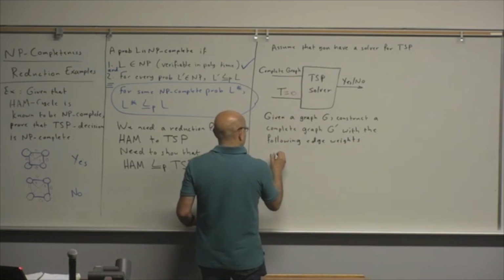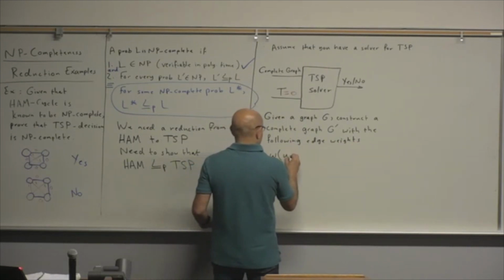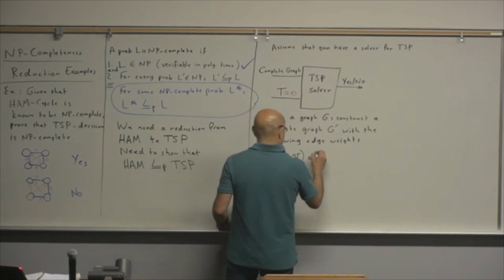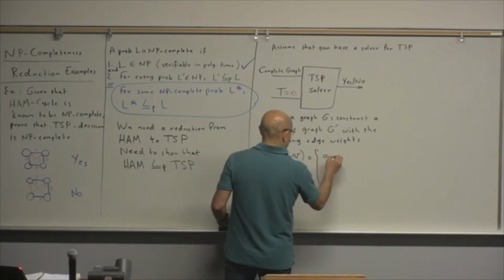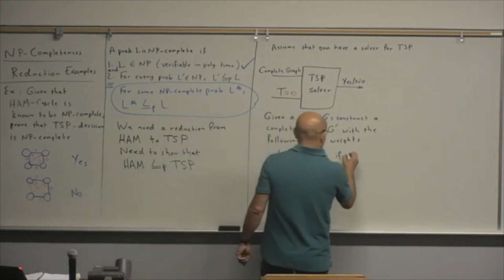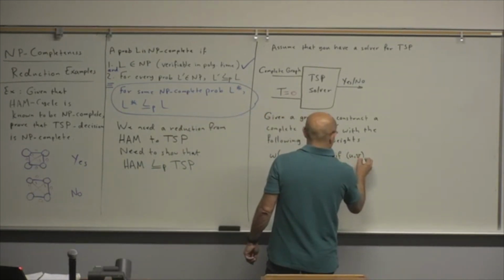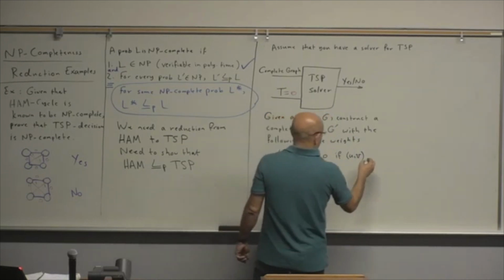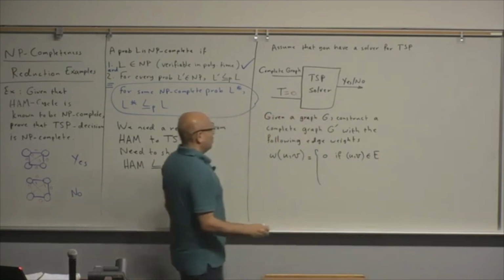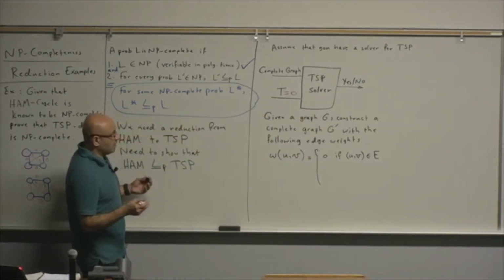The weight of edge UV equals 0 if UV belongs to E, where E is the set of edges in the original graph.